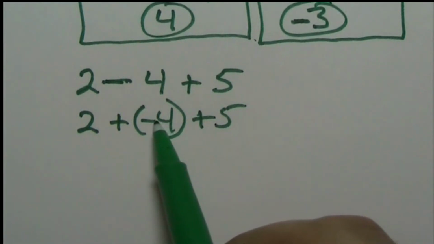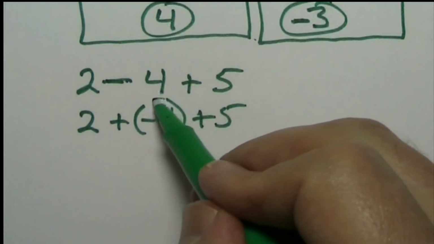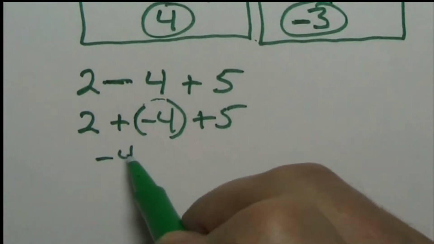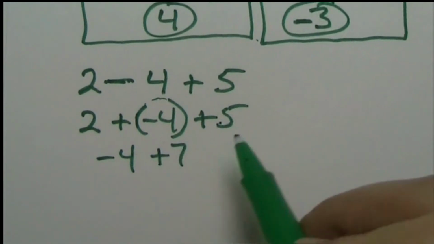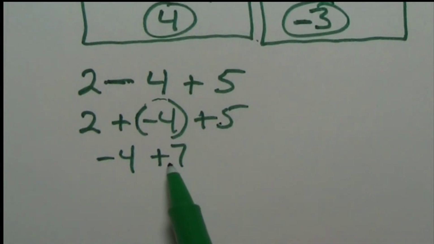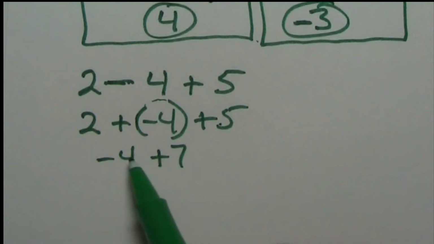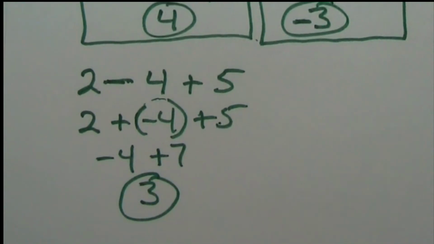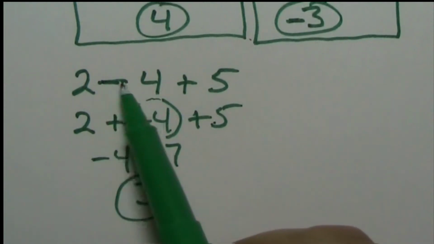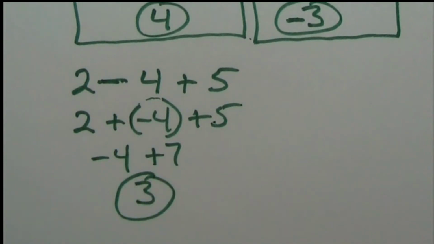So let's see, I look at my negatives, I have negative 4. I look at my positives, 5 and 2 is 7. And negative 4 and 7, they're different signs, so I subtract. 7 take away 4 is 3, and there's more positive. So if you see subtracting, that's the same thing as adding a negative.